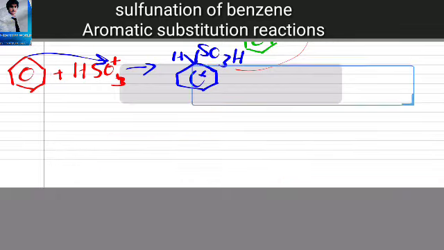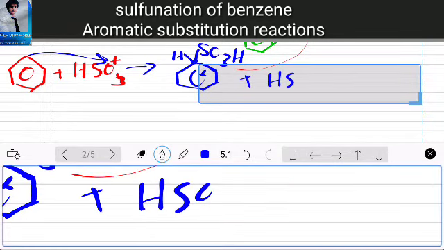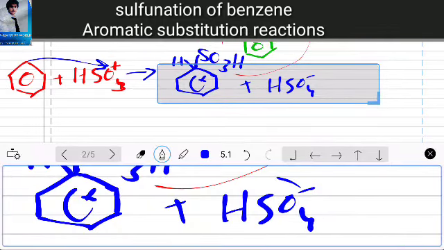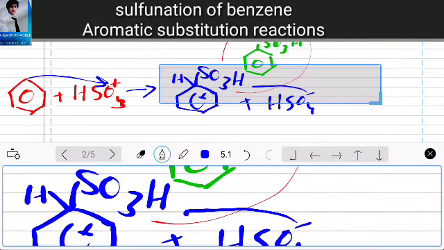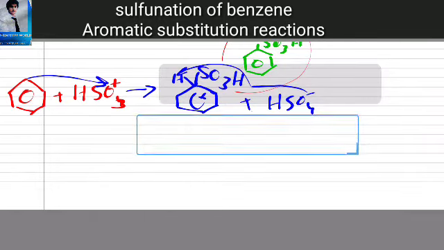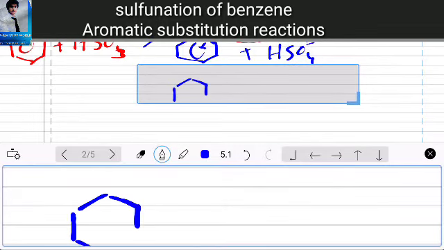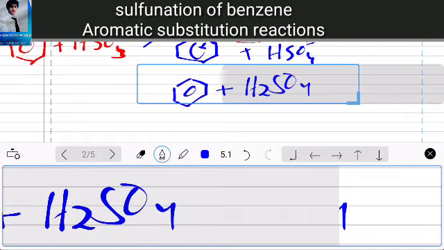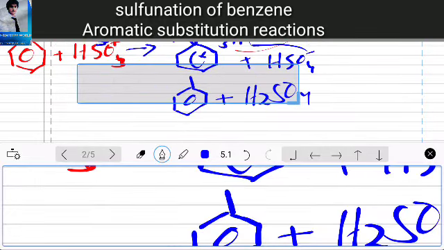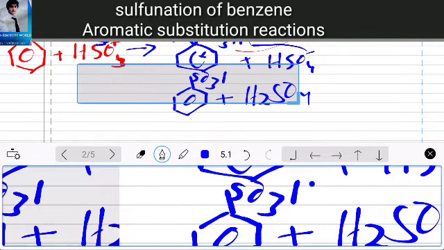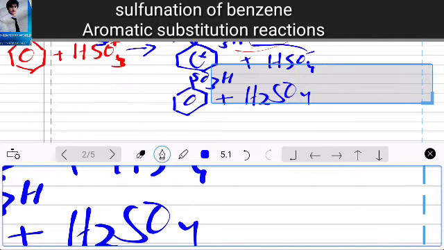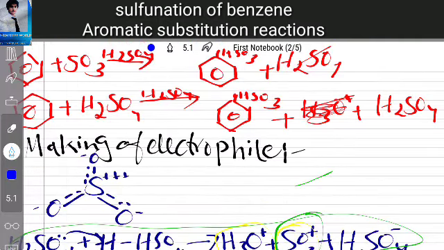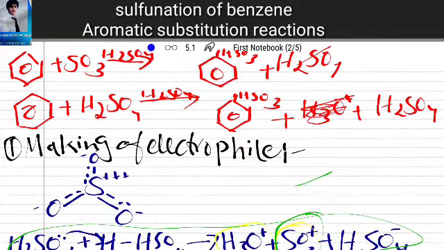If it is pi complex, then the H will be attacked by HSO4 negative, which is made when we make this electrophile in step number 1. So this attacks on the H and the reaction becomes, here we have H2SO4, the catalyst returned to its original position, and benzene SO3H. So it is our second method of sulfonation from the second method of making electrophile.